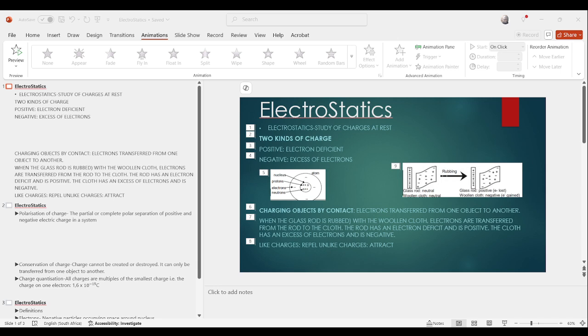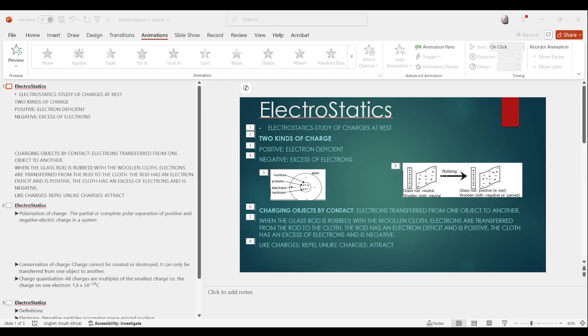It is just that a neutral object has the same number of positives and negatives. That is why we call it a neutral object. A neutral object has the same number of electrons and protons.